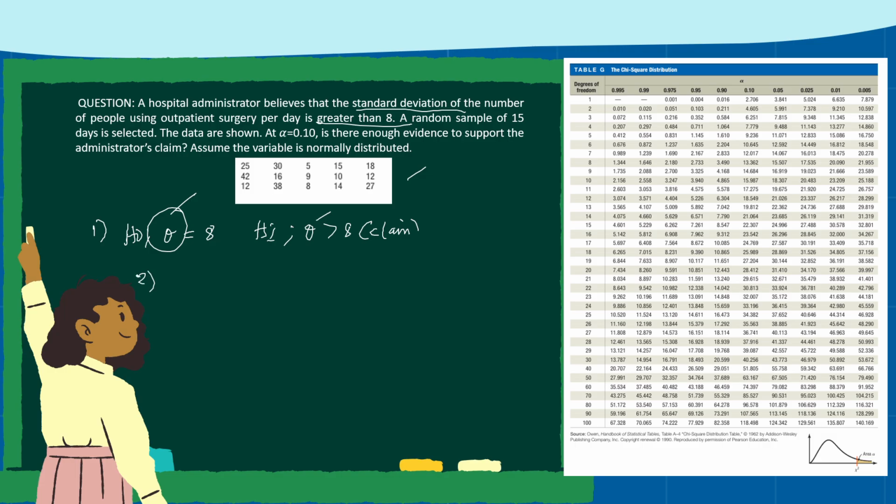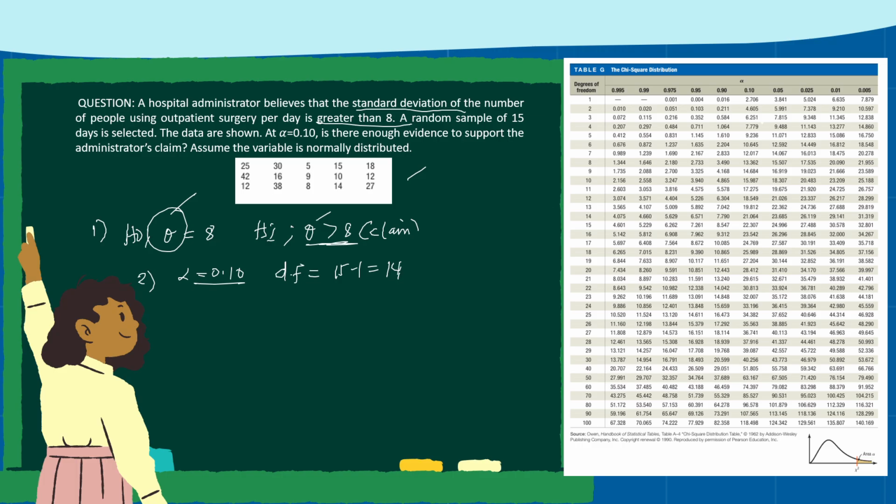So next step is we need to find the critical value. At alpha 0.10, so that's the right tail, we'll make use of this alpha. And our df is 15 minus 1, that is equal to 14.